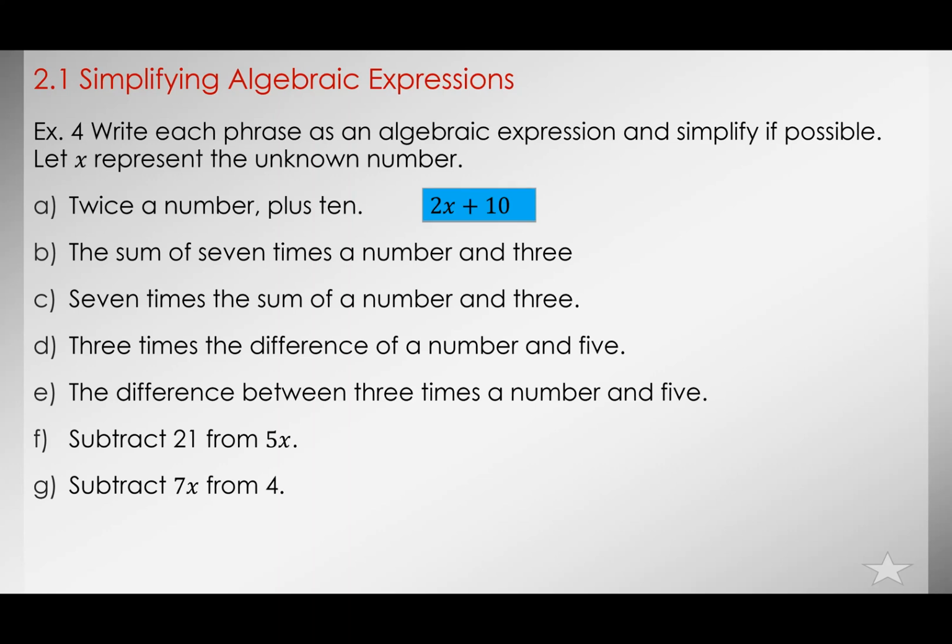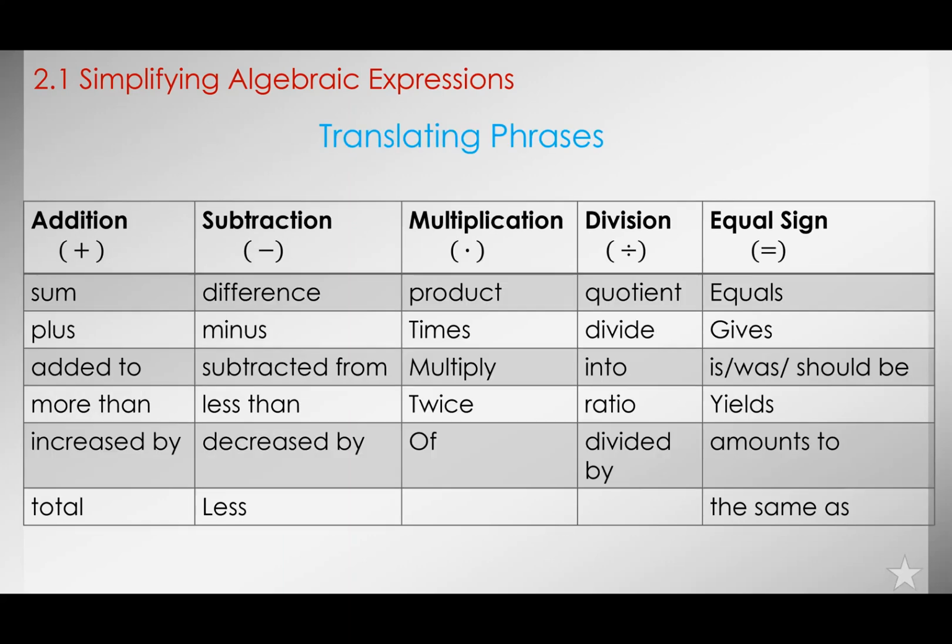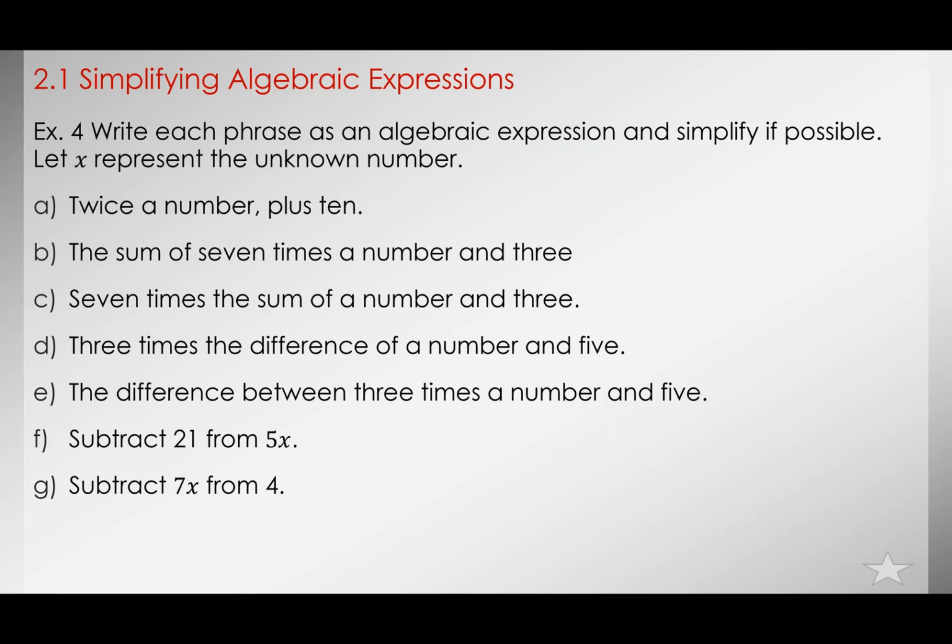So this is how you write your expression. Agree? To keep this in mind, you can print this slide out and look at it to see which terminology refers to which operation. So twice the number means 2x, 2 times the unknown, plus 10.